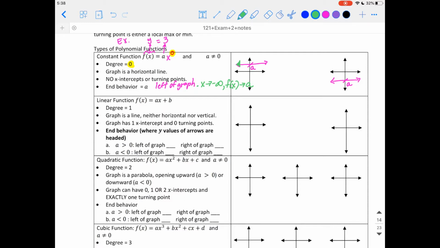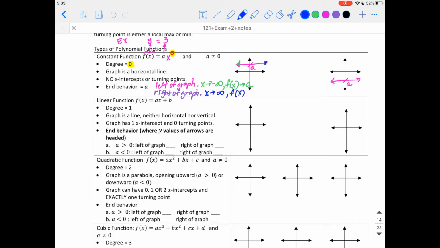Now the next one. What if I'm headed towards the right of the graph? So towards the right of the graph, that means that x is headed towards, I'm going to write it in another color, positive infinity, which is this arrow.